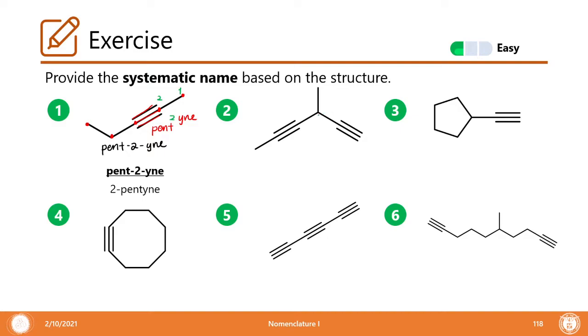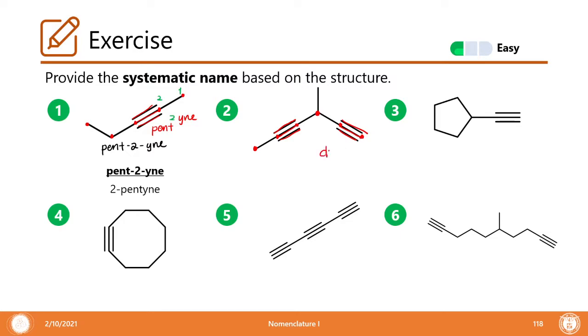Next, number 2. Let's find each one. Okay, we have an alkyne there and an alkyne here. We count the number of carbons linking these two together in the longest chain. 1, 2, 3, 4, 5, and 6.